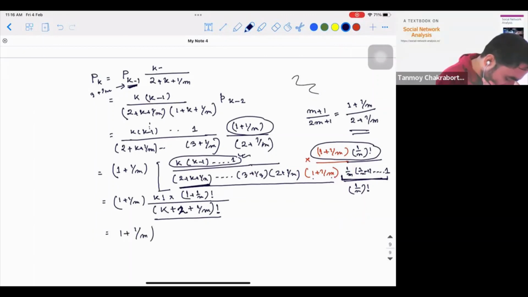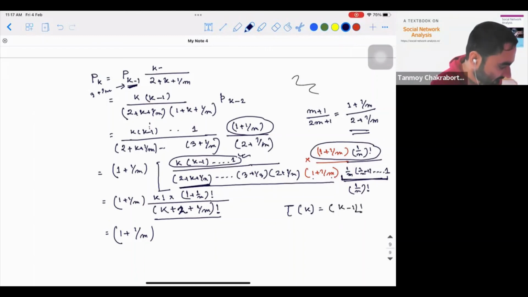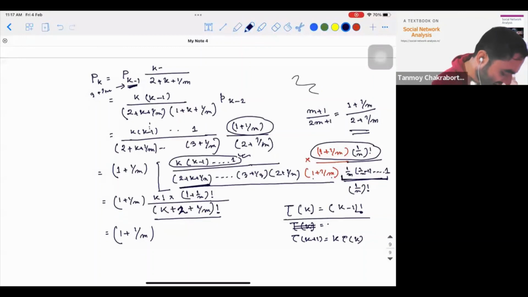So we know this gamma function. I'm not sure whether you know this, but the gamma function is a function which is related to factorial. So gamma of k plus 1 is k into gamma k, which you can easily derive. So gamma k is factorial k minus 1.